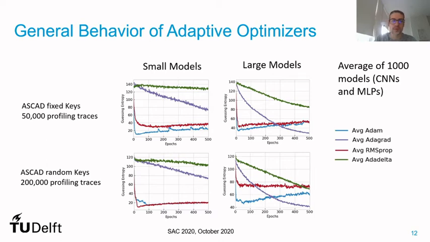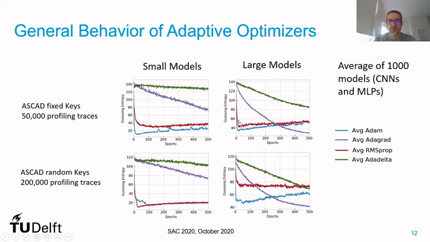What we can immediately see here is that RMS propagation and Adam optimizer show similar behavior, in a way that guessing entropy decreases very fast very early in the training phase, and then for both small and large models, they start to degrade a little bit. This increase in the guessing entropy is a bit higher for large models than for small models, and this is expected because in the large model case you have more overfitting.